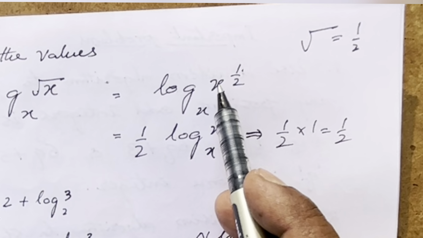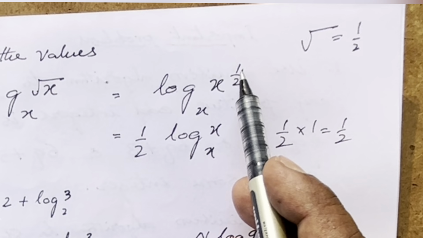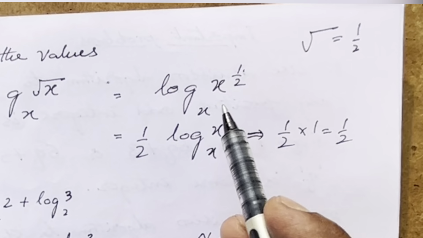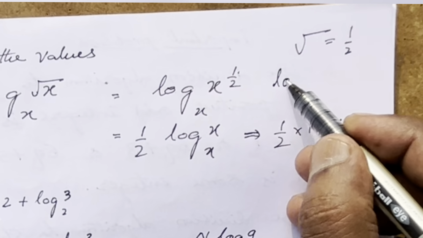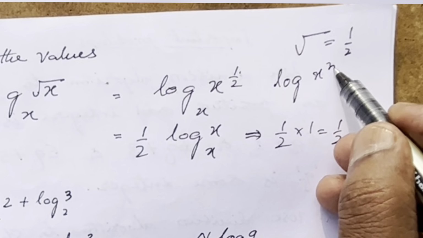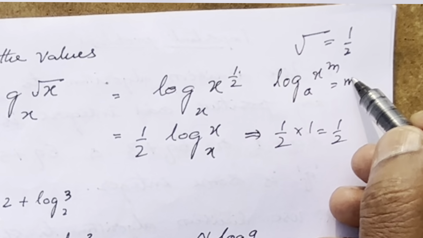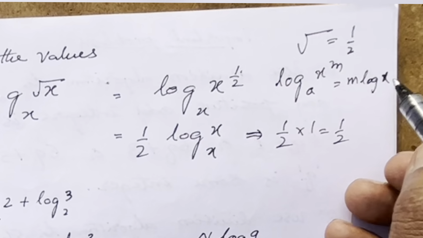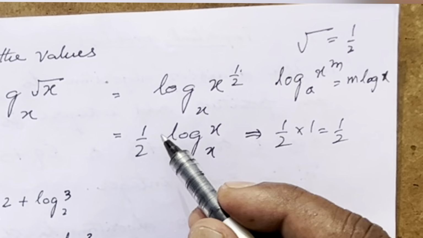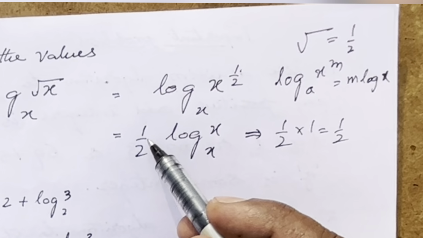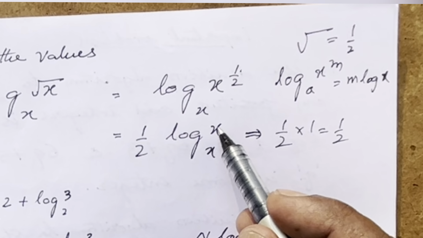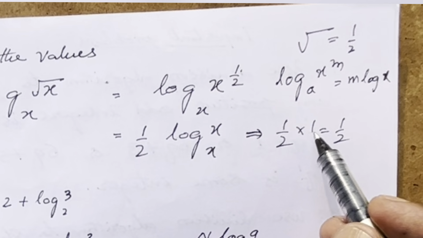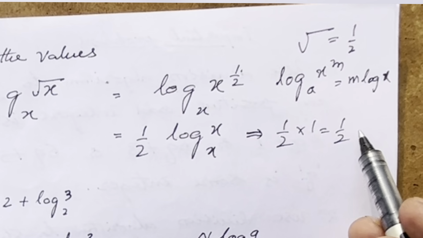Now log x power 1 by 2 base x. Here according to formula 3, that means log x to the power of m base a is equal to m log x. In this way, the power will become the coefficient here. So now half will become the coefficient, and log x base x is 1. So half into 1 is equal to half.